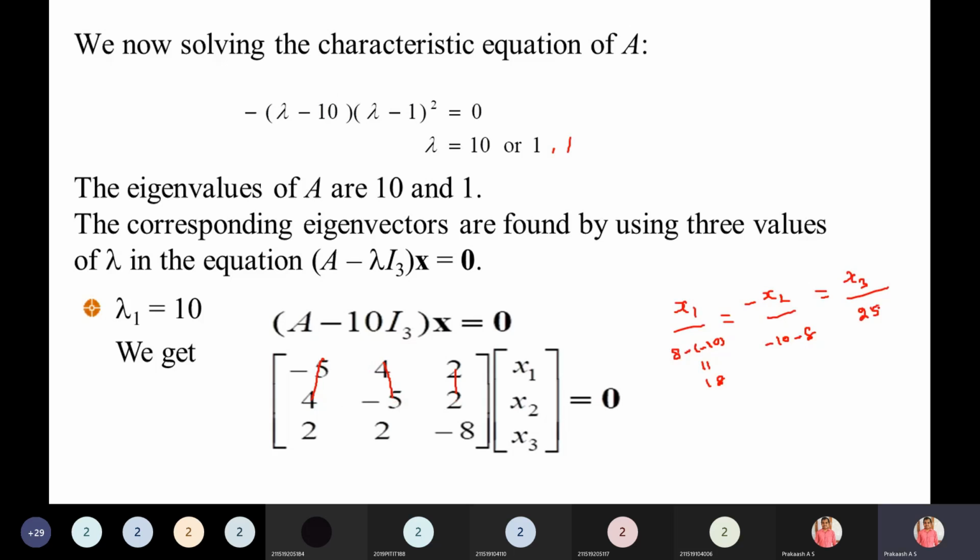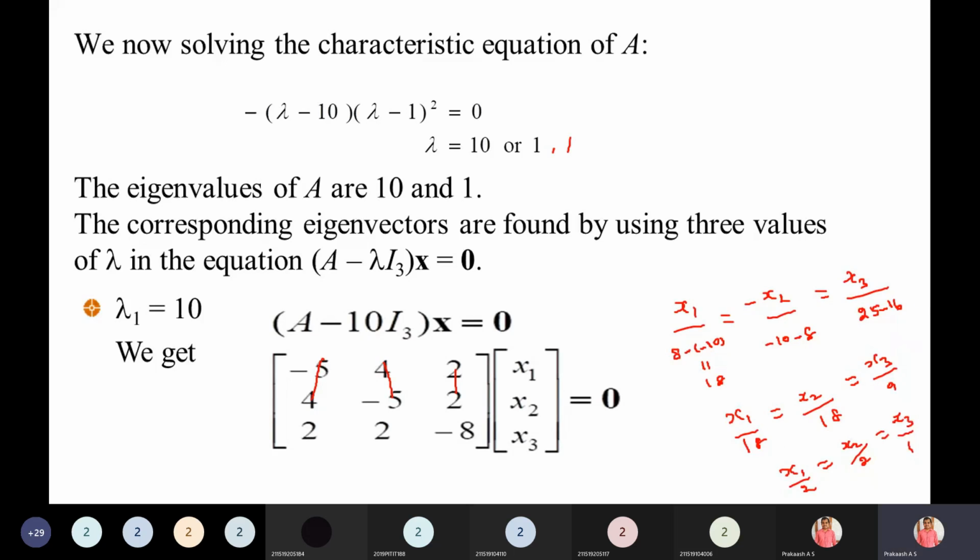So what I am getting: x1 by 18, x2 by minus, minus plus, that is 18 numerator, and x3 by 9. 25 minus 16 is 9. So if you multiply by 9, you'll get x1 by 2, x2 by 2, x3 by 1.